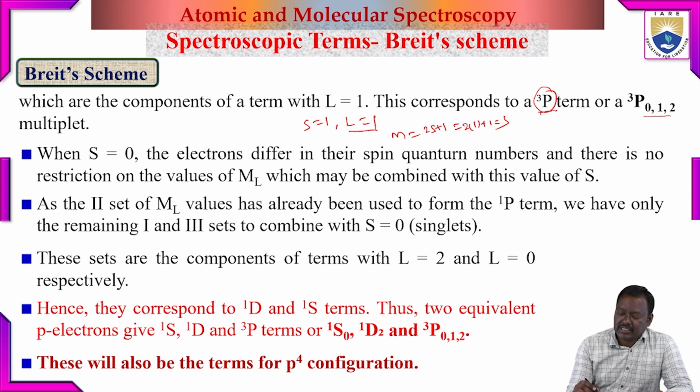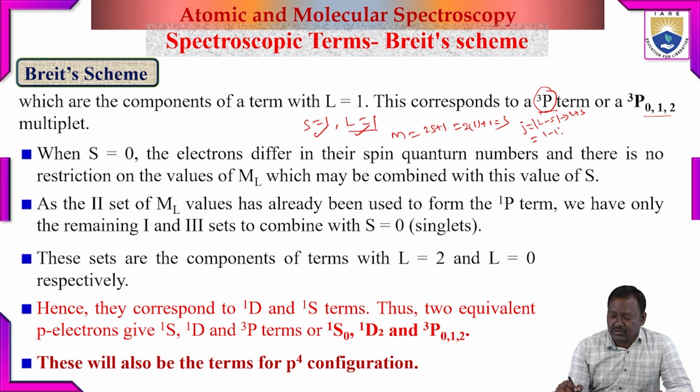And we can also find out the j values. If s equal to 1, l equal to 1, j values can be obtained by l minus s to l plus s in integral steps. So 1 minus 1 to 1 plus 1, that means 0, 1, 2.